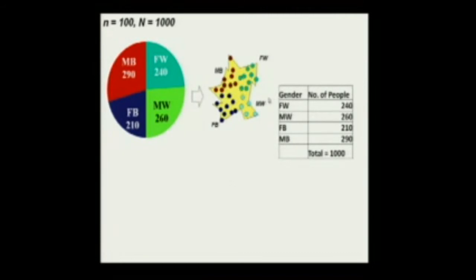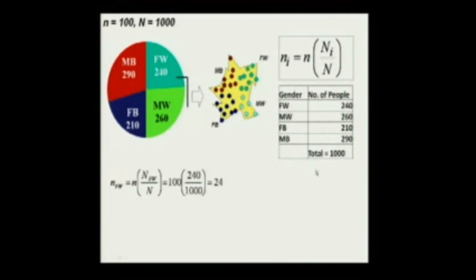If I need to take from female white, then applying the equation, the total sample size would be 100. If I need n_i, or the sub-sample size of female white, I know that N_i, or the capital N in the population, is 240, and I know the total N is 1,000.